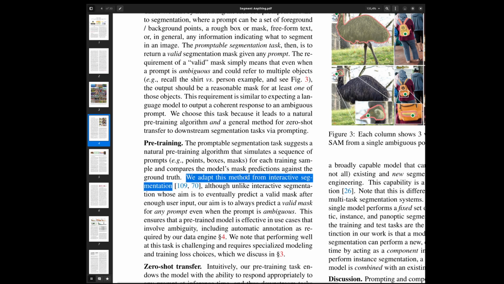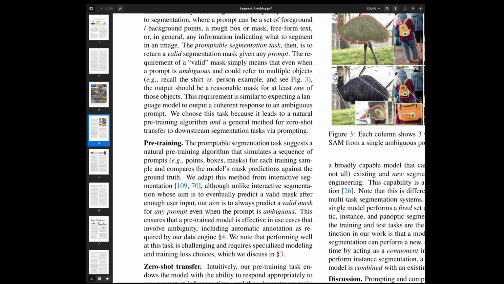Because you have a mask, you can get the bounding box for that mask. You can get any point within that mask, and you can get a sub-mask of that mask, like a subset of pixels. So you generate them to train the model from those generated artifacts, but they are based on the label. So yeah, we adapt this method for interactive segmentation. It's the same.